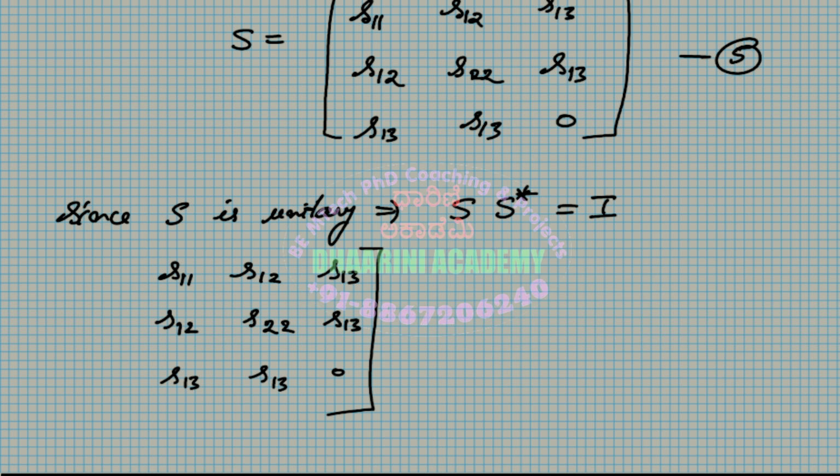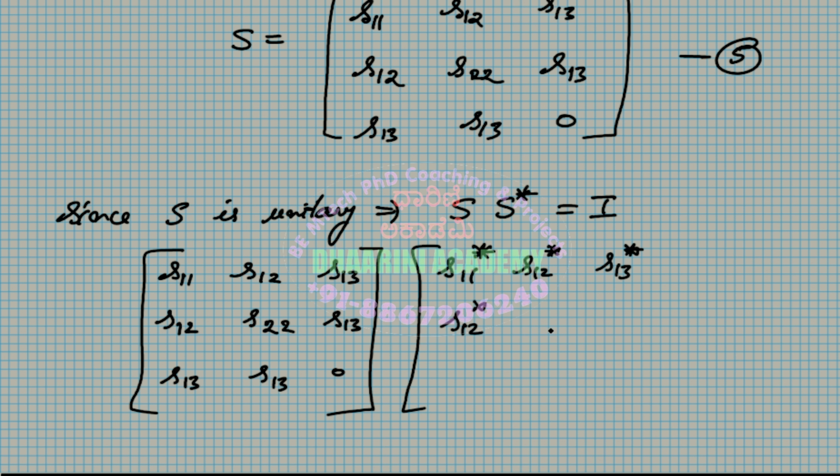The second matrix will be the conjugates of each of the terms. So it is S11 conjugate, S12 conjugate, S13 conjugate; S12 conjugate, S22 conjugate, S13 conjugate; then S13 conjugate, S13 conjugate, and 0.